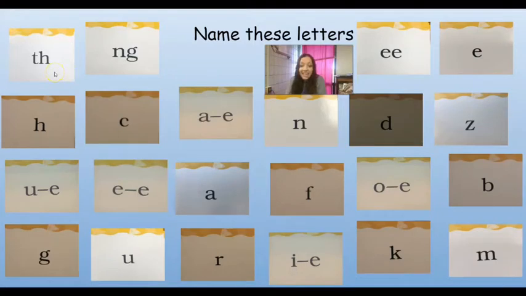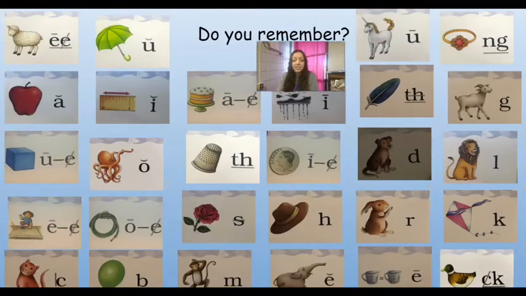I've got digraph TH, digraph NG, digraph EE, E, H, C, A consonant E, N, D, Z, U consonant E, E consonant E, A, F, O consonant E, B, G, U, R, I consonant E, K, and M. Very good.